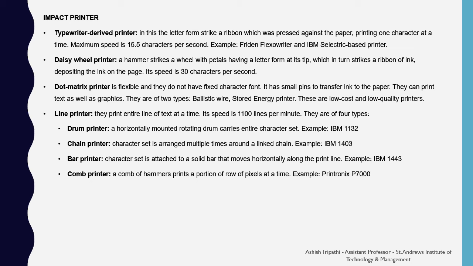Example: IBM 1443. And comb printer: a comb of hammers prints a portion of the row of pixels at a time. Example: Printronix P7000. So as you can see, the impact printer has a ribbon or ink which is being displayed on the page by either hammering the ribbon or by a drum rotation.